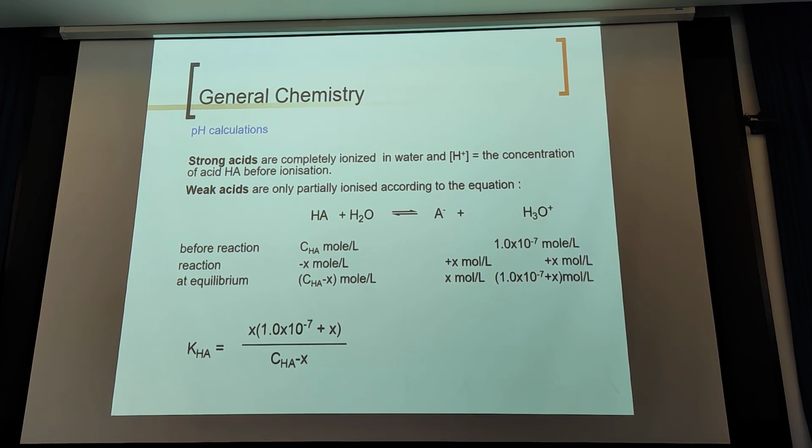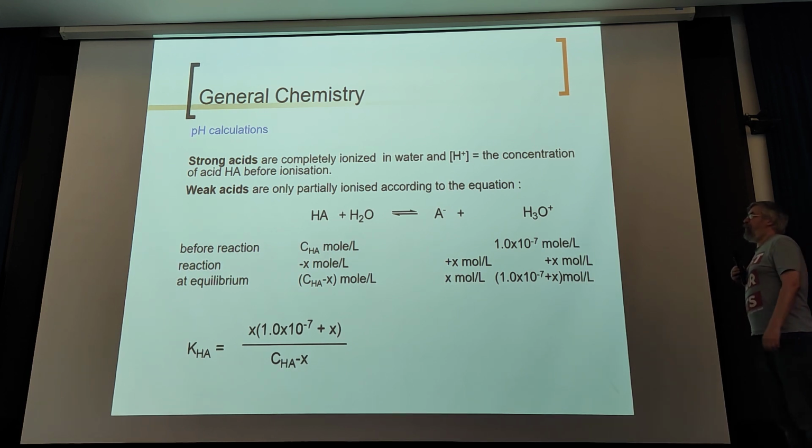In that case, you calculate the concentration of H3O+, you take the negative logarithm, and you're done. Suppose we have 0.1 molar of HCl, that means 0.1 molar of protons, that's 10 to the minus 1 molar concentration, so the negative logarithm is 1. pH is 1 in such a case, to give an example.